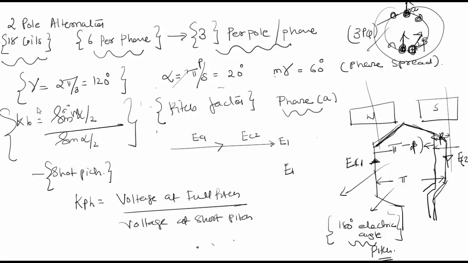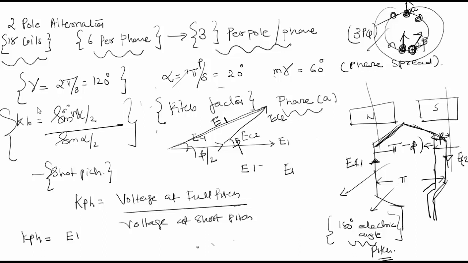So this is equal to whatever was my voltage when it was full pitch, which was equal to E1, and now when it is short pitch, there will be a phase difference which can be given by the same voltage EC2 will now have an angle of beta, and this will be what will be my E1, and this will be what is my angle of beta by 2.